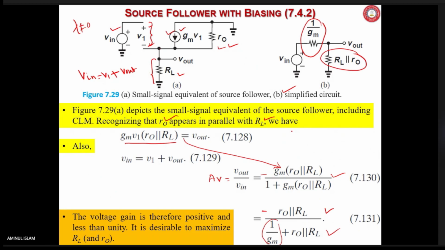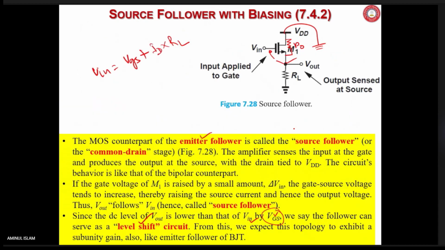Can you think of it? Sir, input impedance from the gate terminal. Input impedance, is it that of this circuit?